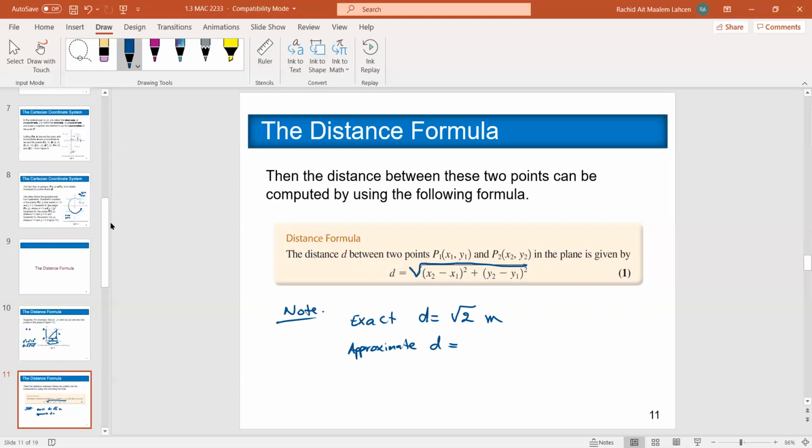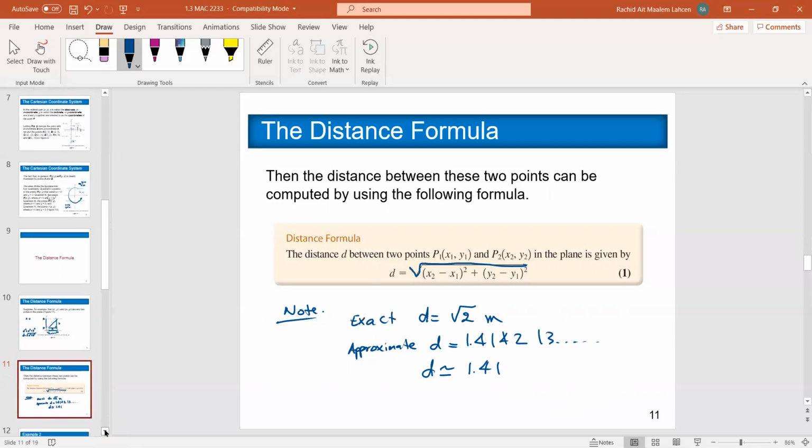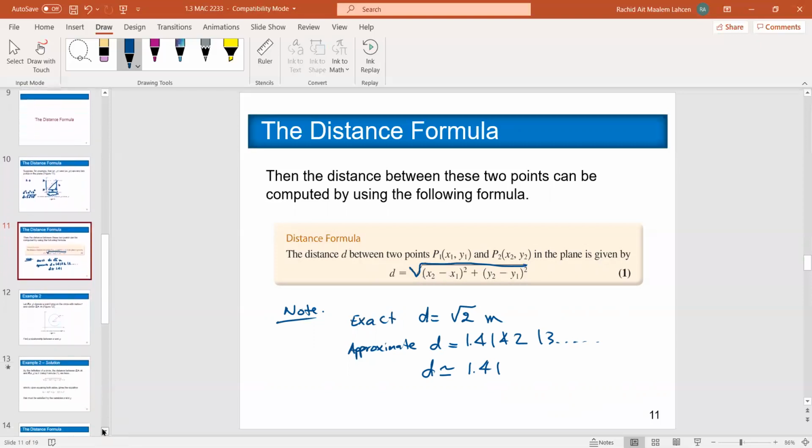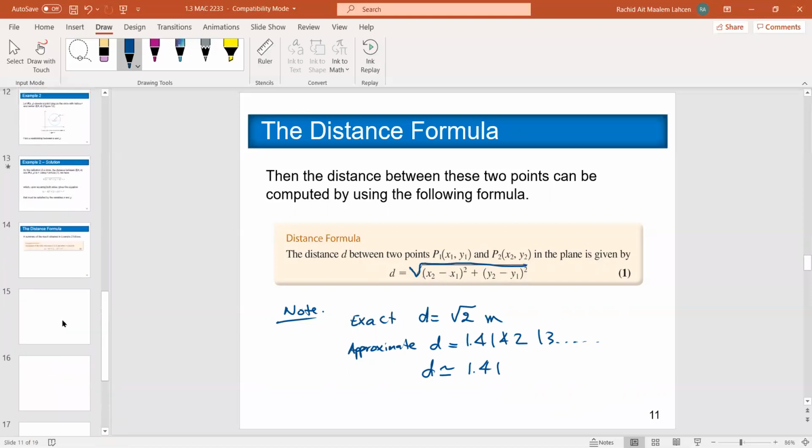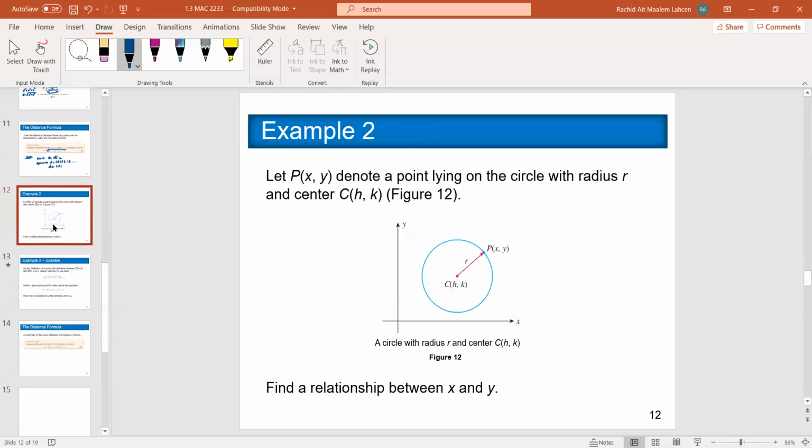If you do it on your calculator, you're going to get a number that doesn't end really, like 1.414 and so forth. So what are you going to take? You will have to approximate to a certain value, for example, 2 places, 3 places, whichever is asked. In that case, you do some approximation there. So just keep in mind that if you're not asked for the approximation, don't use it. Give the exact value.